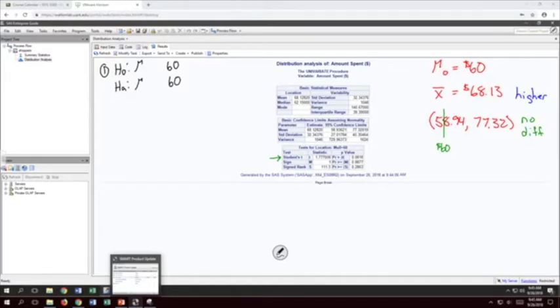Equal and not equal. I've heard equal and not equal, but I also heard greater than and less than. How many vote for equal and not equal? Okay, let's start there. How many vote for the sample is greater than the population? How many aren't sure yet?